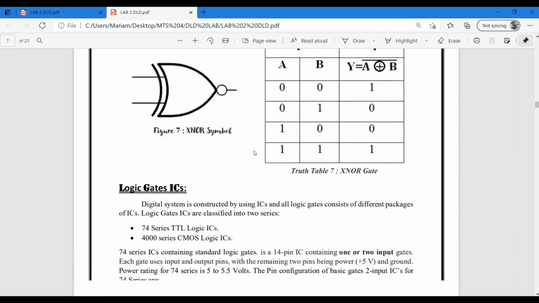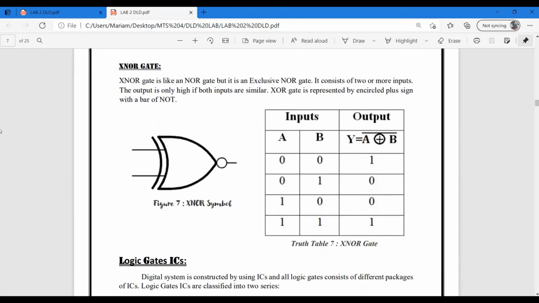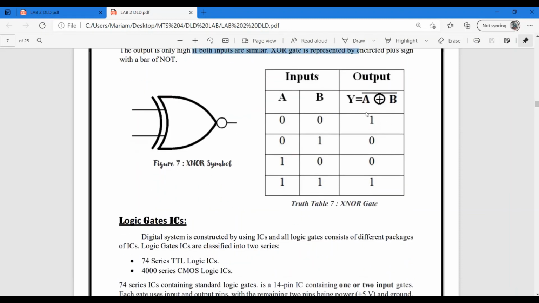Let's get into our last gate, that is XNOR gate, exclusive NOR gate. The exclusive NOR gate is also represented by an encircled plus sign, but it gets a complement over it, that is NOT gate.